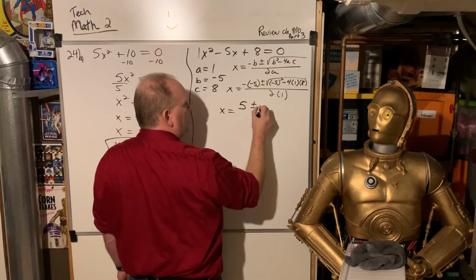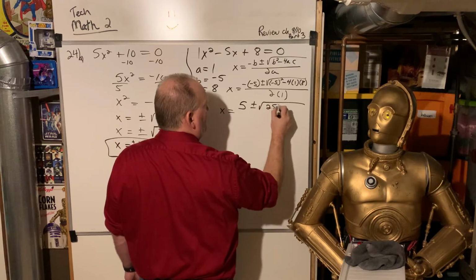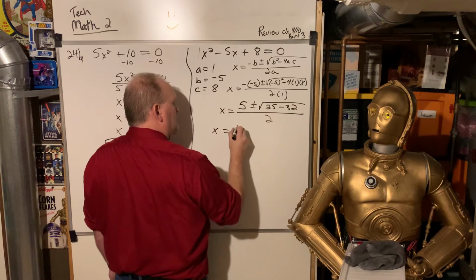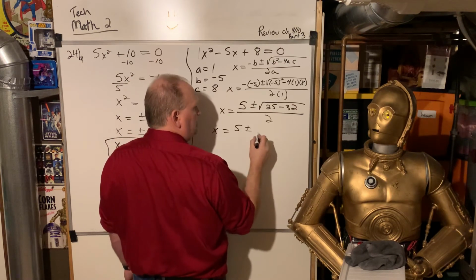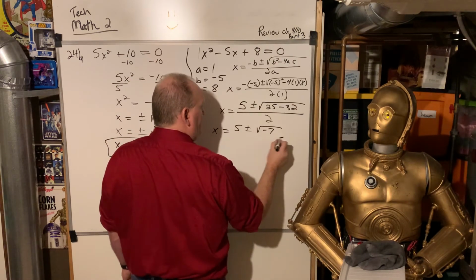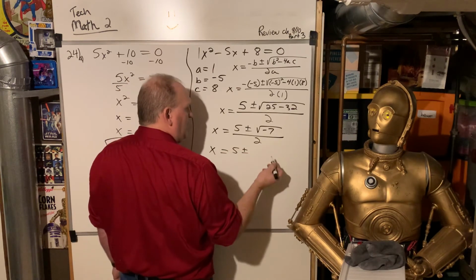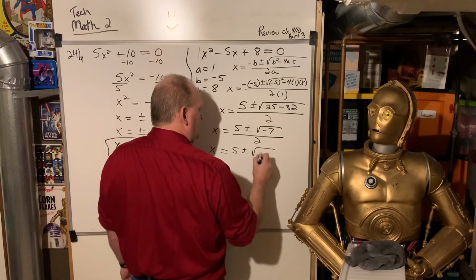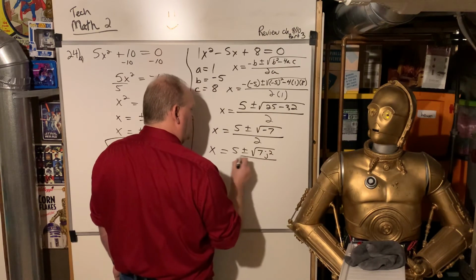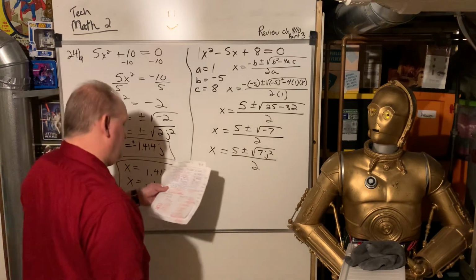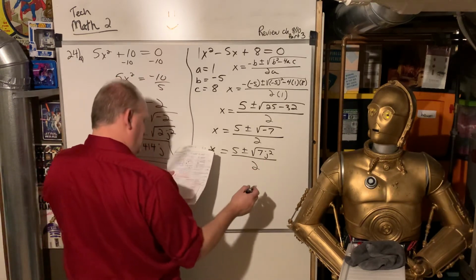Okay, and so what is that? 5 plus or minus the square root of 25 minus 32 all over 2. That is 5 plus or minus the square root of negative 7 all over 2. That is 5 plus or minus the square root of 7 times j squared all over 2. And so the square root of 7 is 1.32.